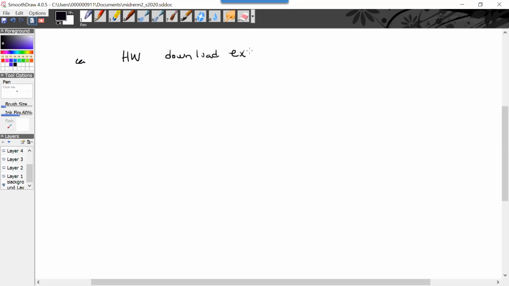You download the exam at the proper time, right? And then you either do it on some kind of electronic device, or you print it out and do it, or you just kind of write your answers on a piece of paper, right? But everything's got to be legible. When you put everything together, you got to have everything in order, everything oriented the same way, just like the homework.